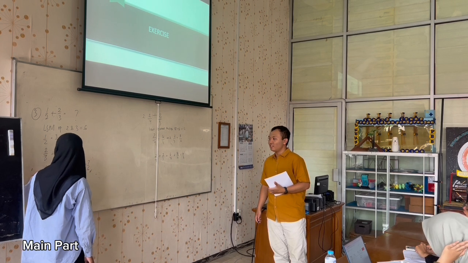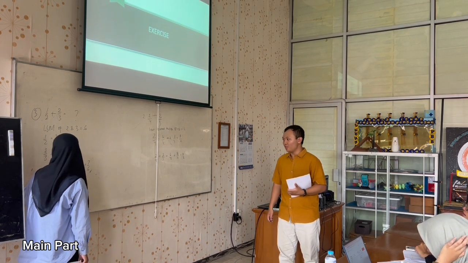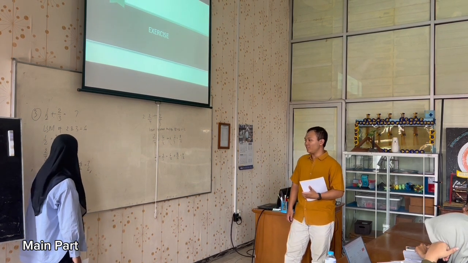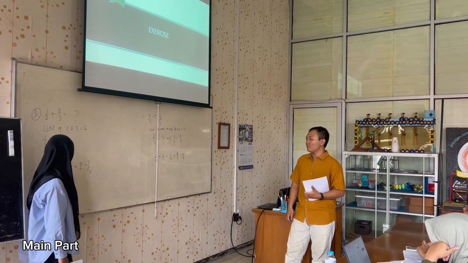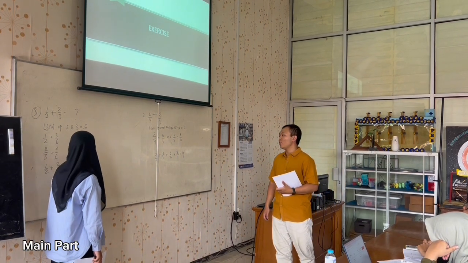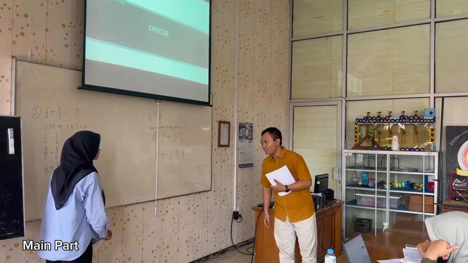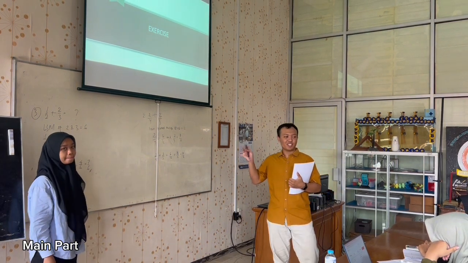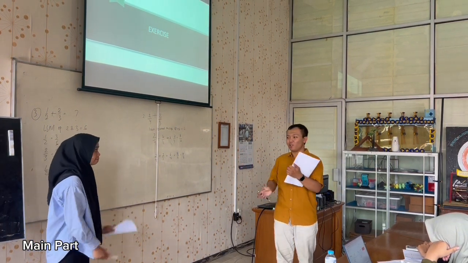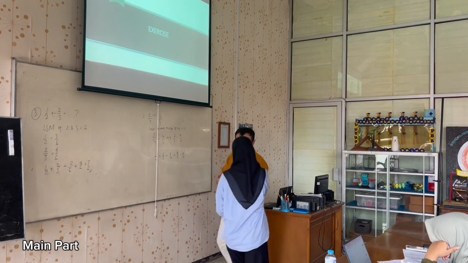So 1 over 2 plus 2 over 3 is 3 over 6 plus 4 over 6. So the result is 7 over 6. Okay, are there any questions? Okay, give applause. Thank you.